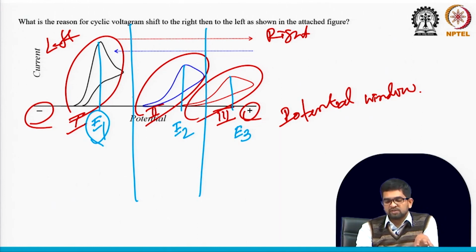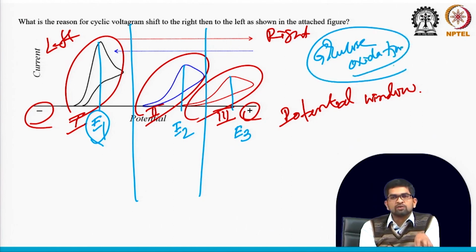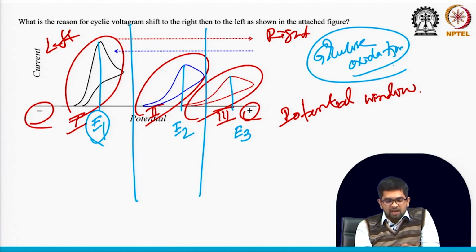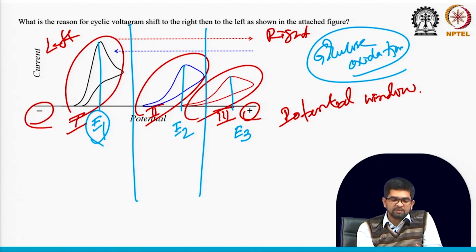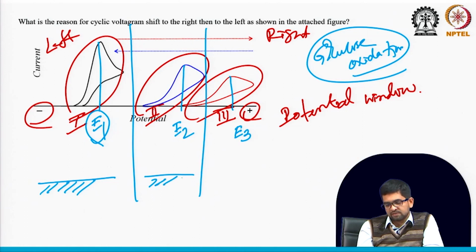Suppose for example, this is glucose oxidation. You are oxidizing glucose on this surface and it can be oxidized easily at a very low, meaning negative, potential. So you can think of three surfaces.